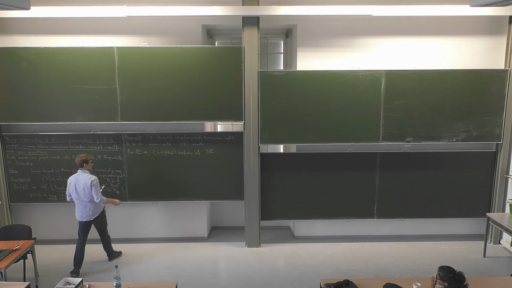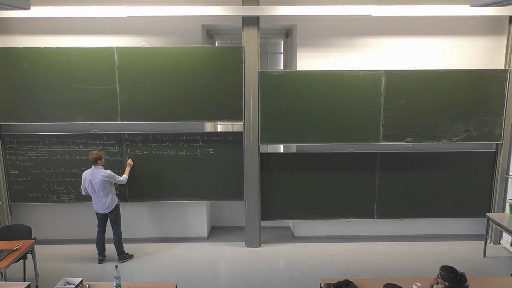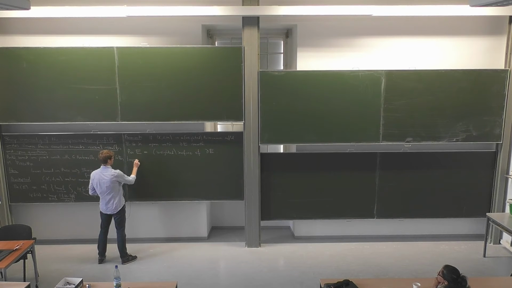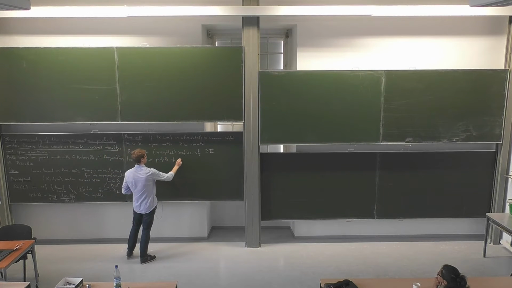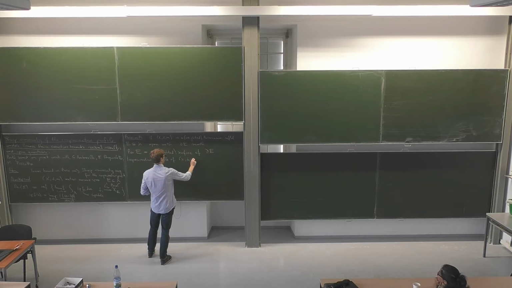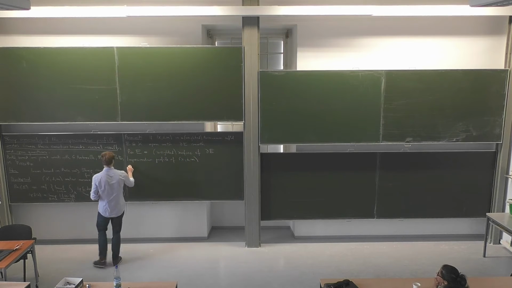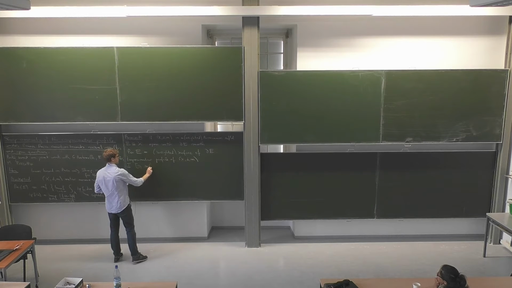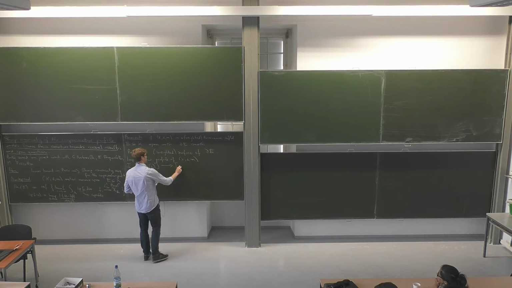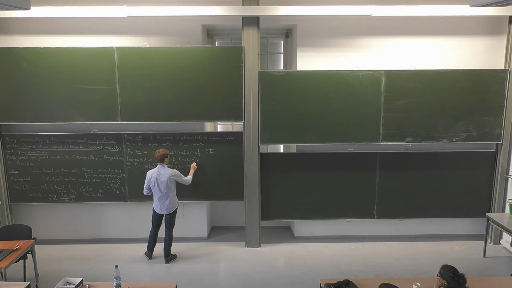Then we can introduce the definition of the isoperimetric profile in the following way. This is a function I, which goes from 0 to the measure of X, which is possibly infinite, to the interval 0 to plus infinity.